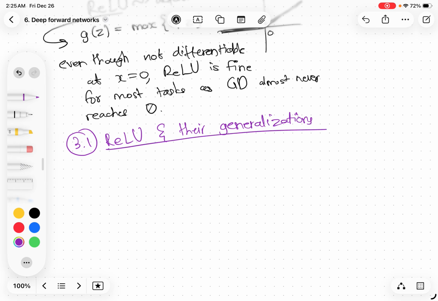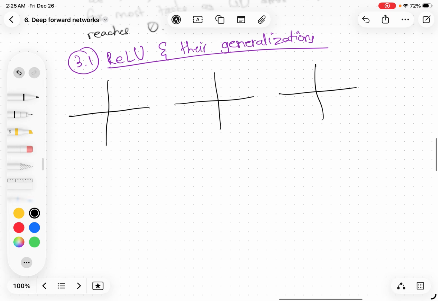There are quite some of them. There is the ReLU that we just saw, and there are other kinds of ReLU. We'll just draw the rough graphs for them.